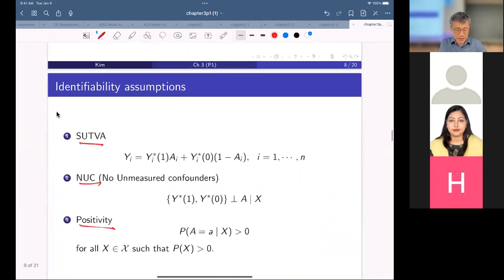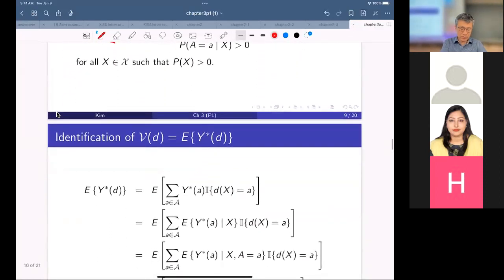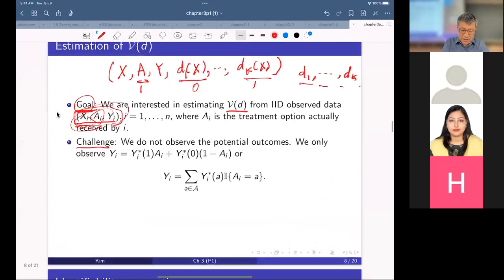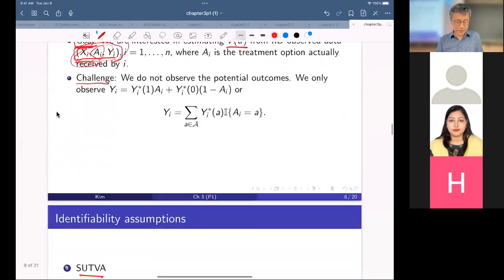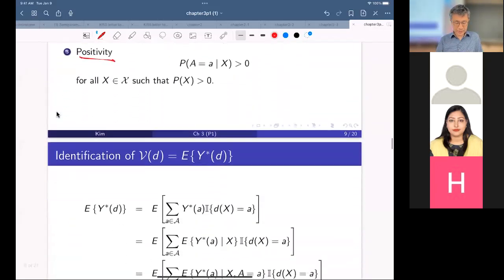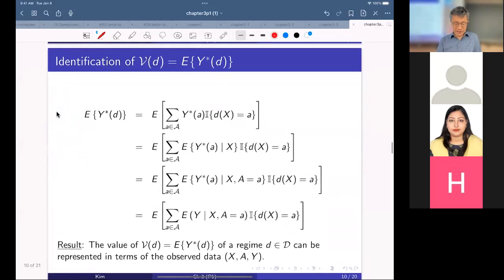Next question is basically, remember we are interested in the value. The value is the expectation of the potential outcome under the decision rule D. So this is one of the key results that we're going to use eventually.